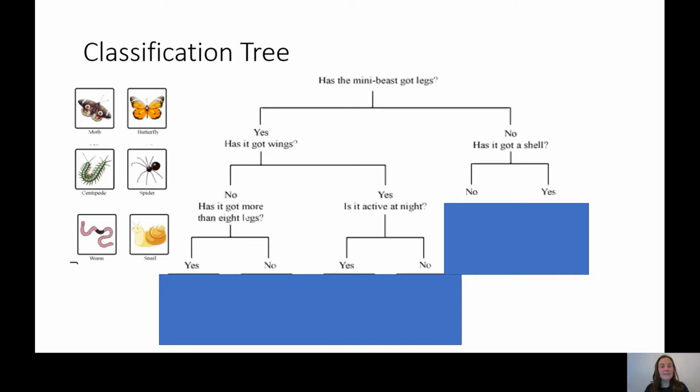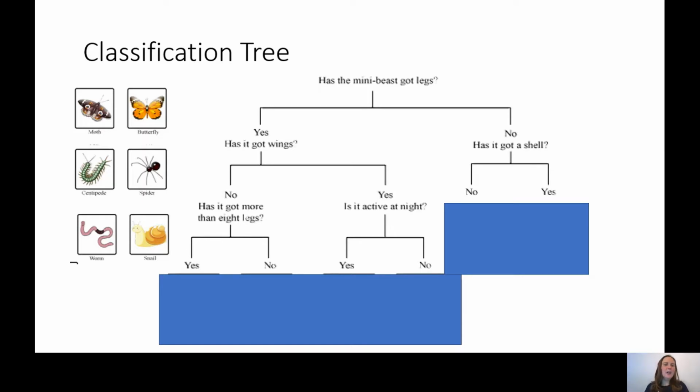More than 8 legs. So, which animal are we putting under the yes side? Excellent, the centipede. And the no, because it has 8 legs, it doesn't have more than 8 legs, we're going to be putting the spider. Fantastic. So we've sorted out the centipede and the spider.